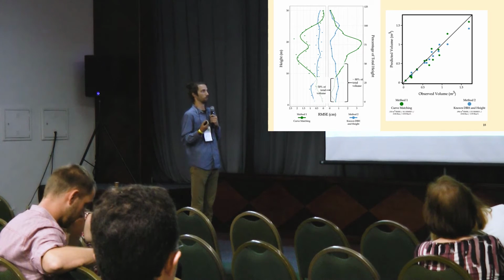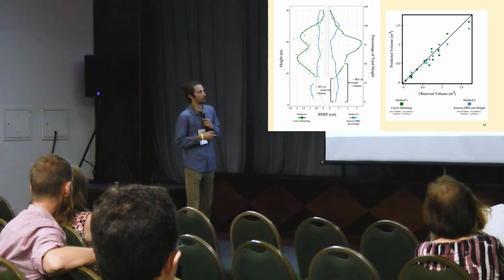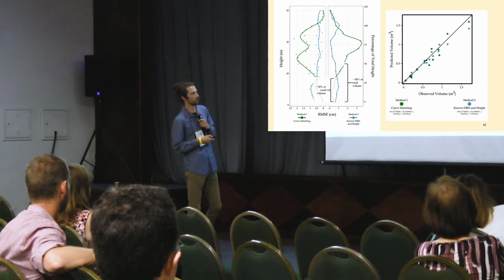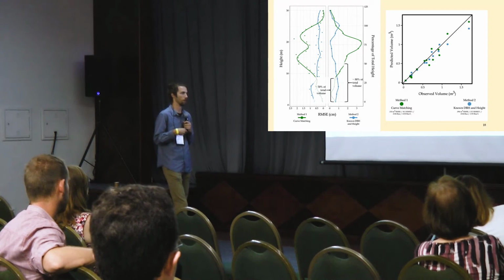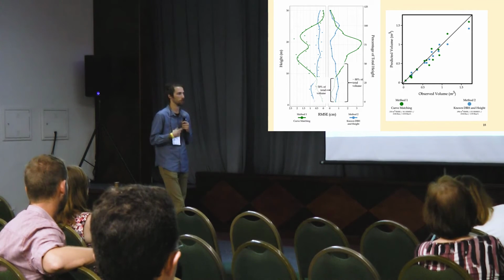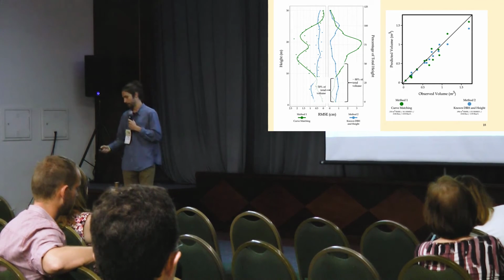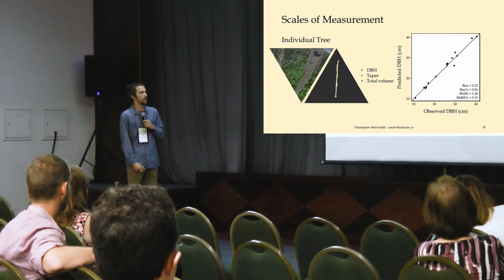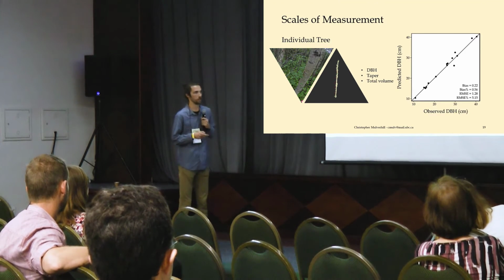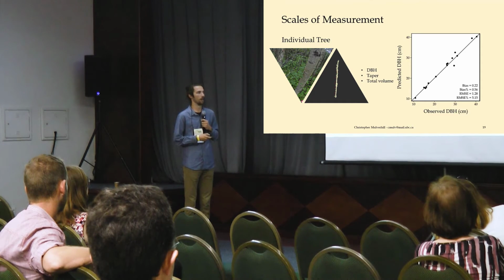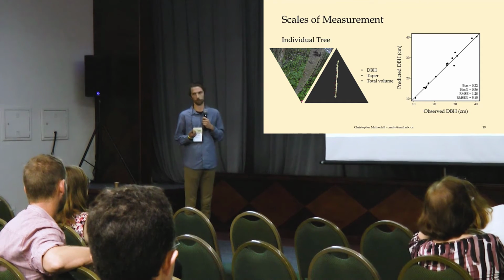When it came to the total volume, the taper curve matching approach was slightly less accurate than just using the known deviation height, but these weren't significantly different from one another. And finally, just extracting the deviation from the raw point cloud gave us an RMSE of about 1.2 centimeters.